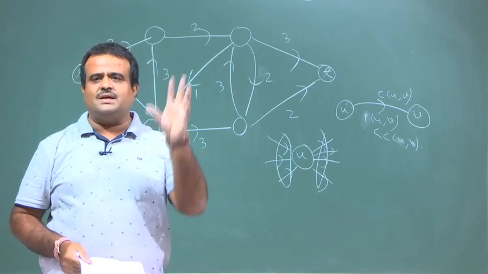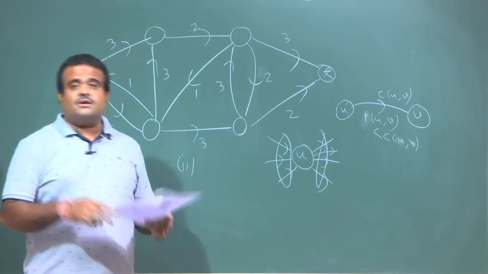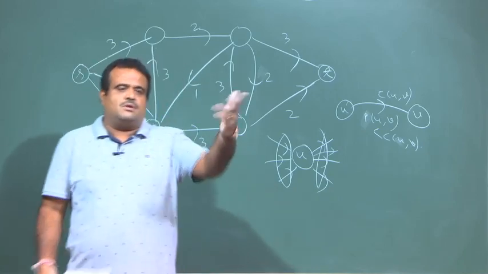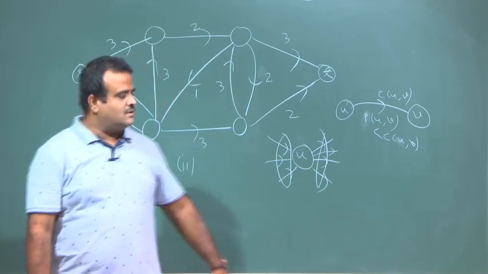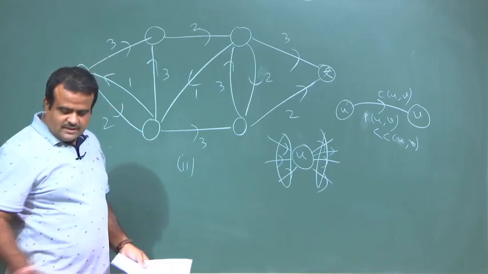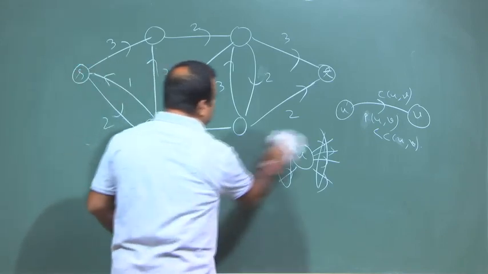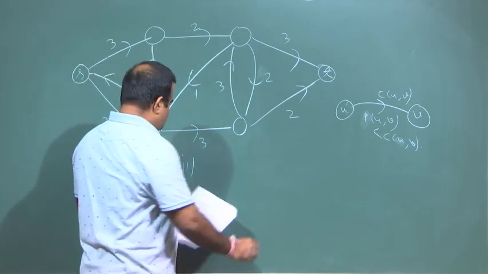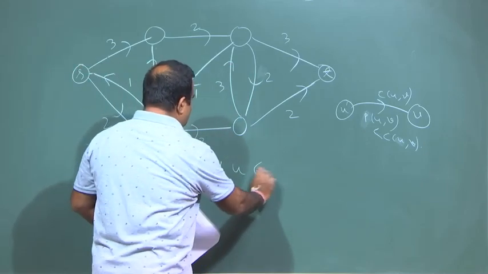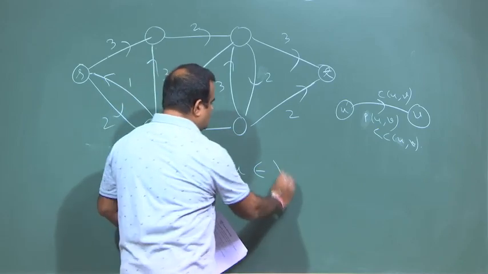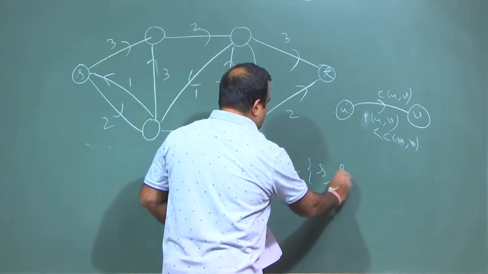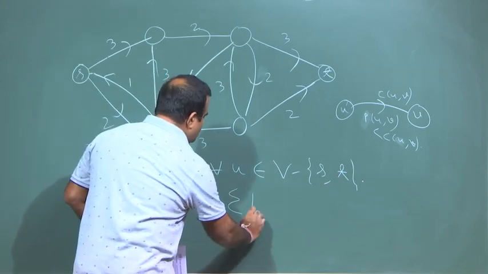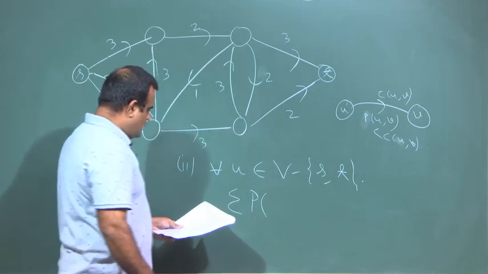It is not holding any current. It is just a distributor sort of, a middleman. So, we have to write this in mathematical form. This is basically telling us for all u which is not a source or sink, the summation of P of u comma v.